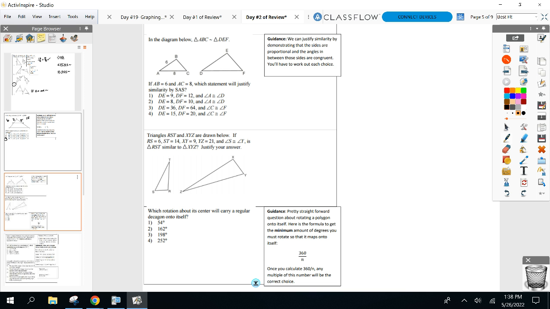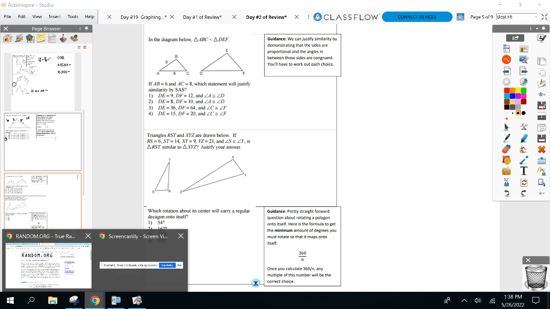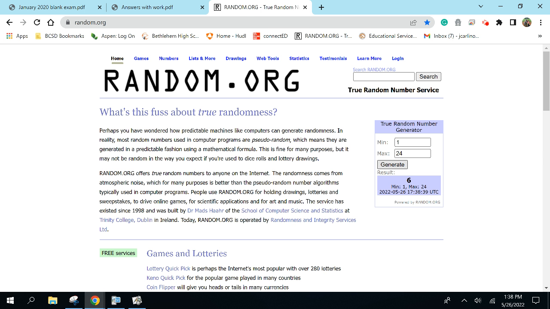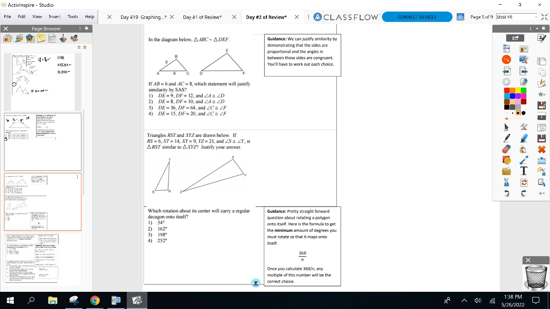What sides did you find in the same ratio, with the angle in between congruent? Six, when you're ready. Four. You got DE 15, DF 20.